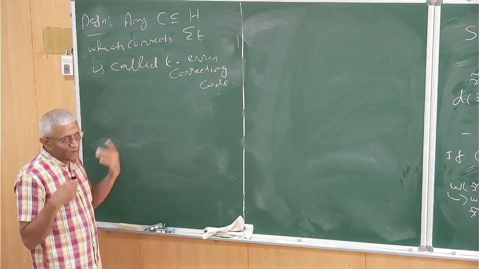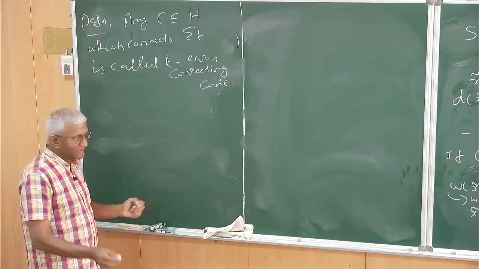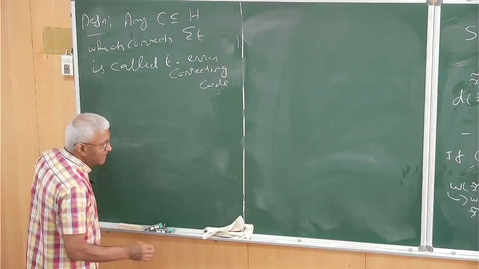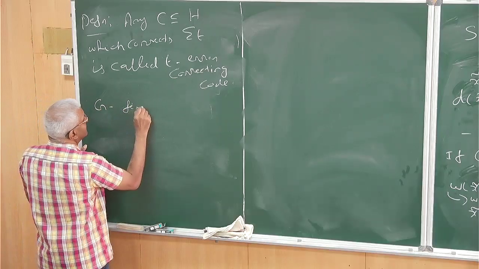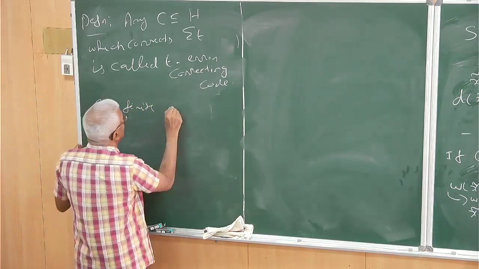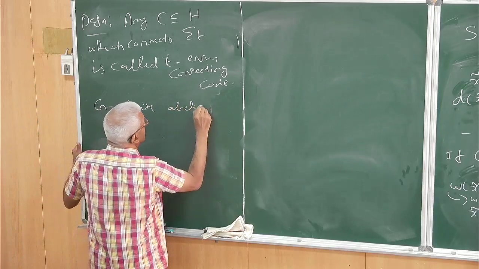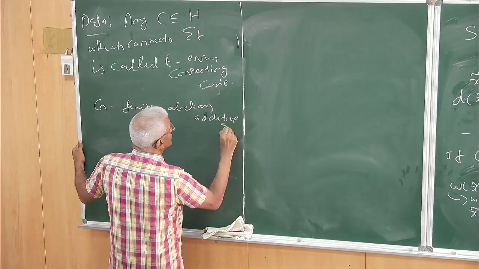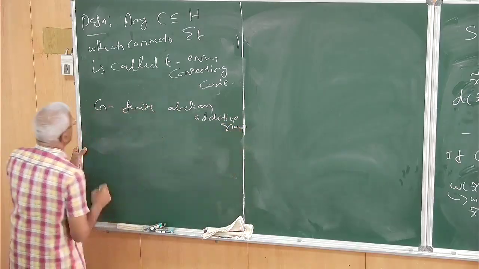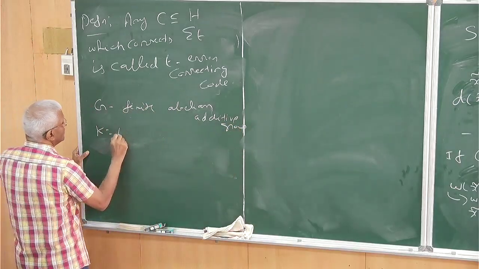For that we want to use the same kind of error operators, so we want to use groups. Let G again be a finite additive group. Then K is L2(G).